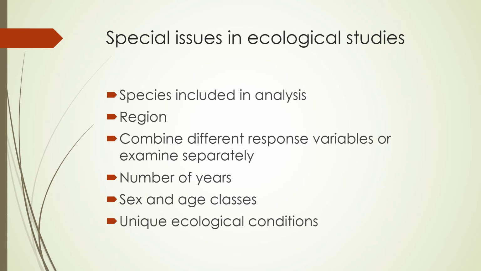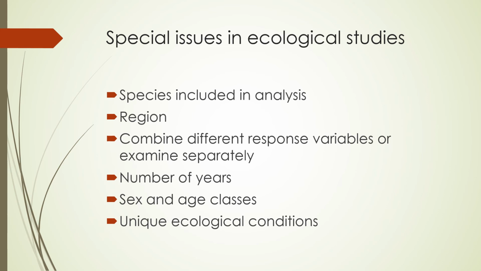Another thing that we run into, again, that is probably more unique in ecological studies is we know there's a fair amount of year-to-year variation, whether it's a wet year, whether it's a dry year, number of predators in an area from one year to the next, food availability, and so on.